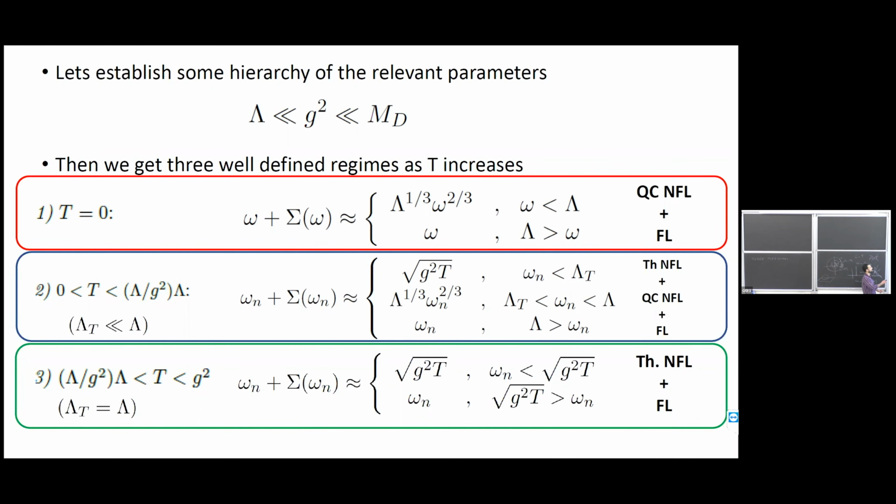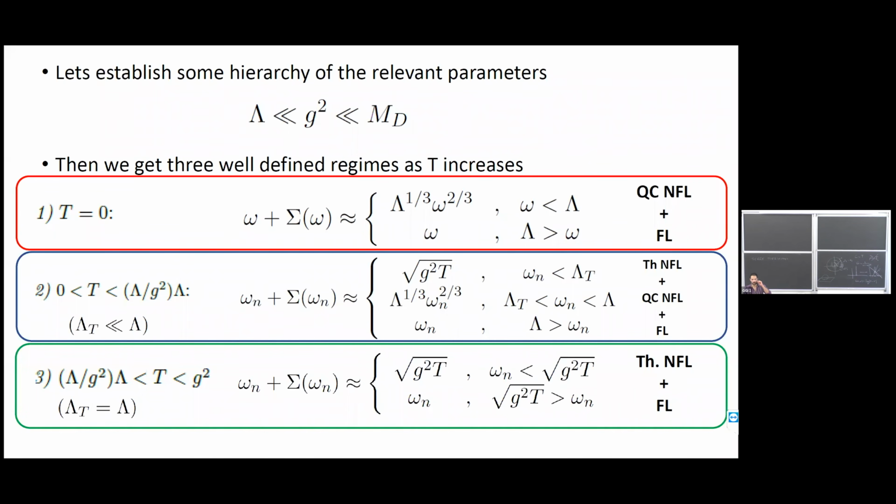Of course, this crossover is just an estimation. A more precise definition would be that the quantum critical region extends over temperatures such that the intermediate region is still macroscopic in comparison with the first one. Is that the question?